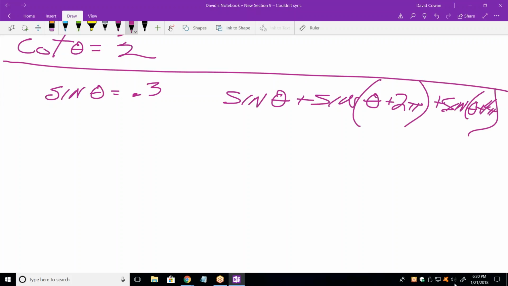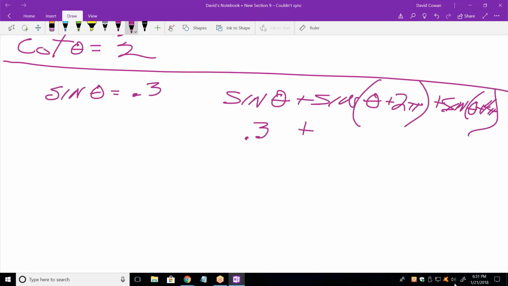The sine of theta is 0.3. What's the sine of theta plus 2 pi? What number is that? Remember, we always take trig functions of angles to get numbers, and we take inverse trig functions of numbers to get angles.